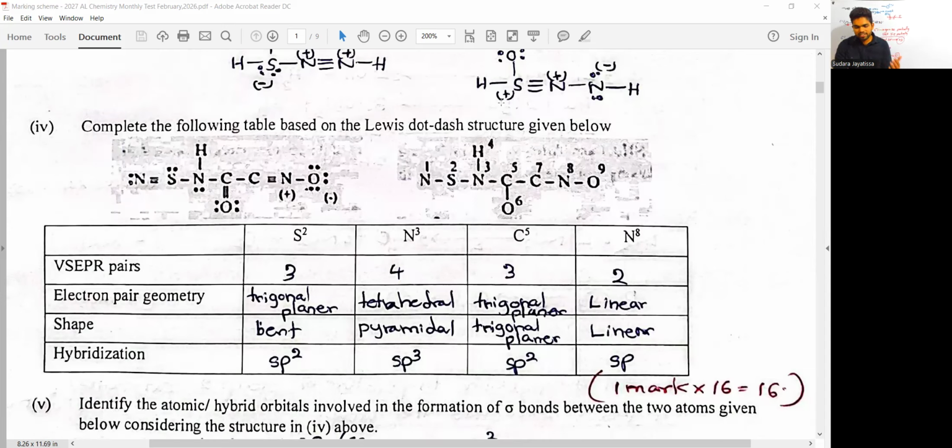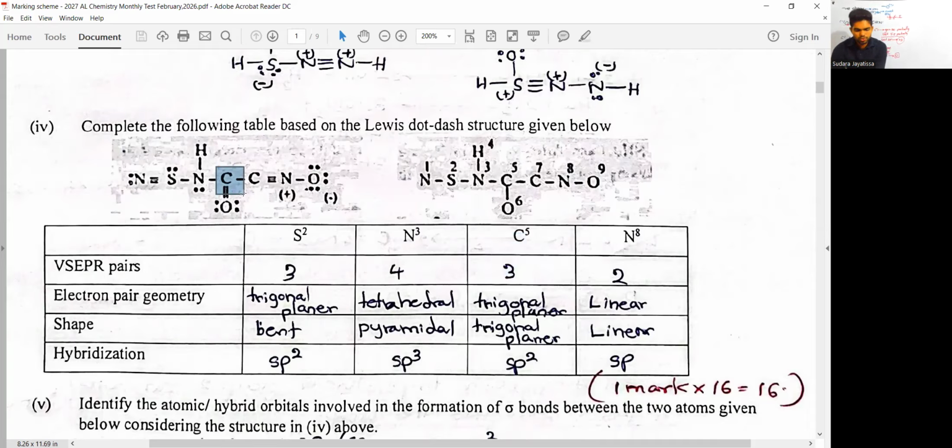But what is the real reason behind this? Now you can notice, I'll bring to your attention this C5. This is also trigonal plane. Look at the atom. How many bonds has it made?